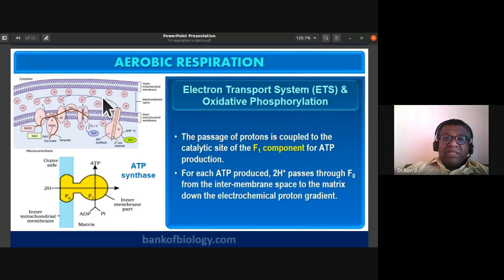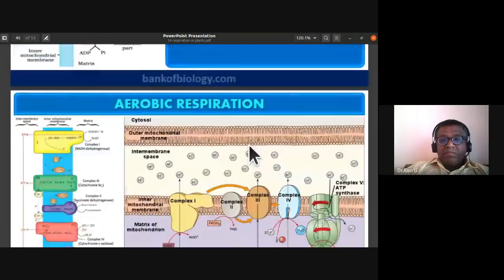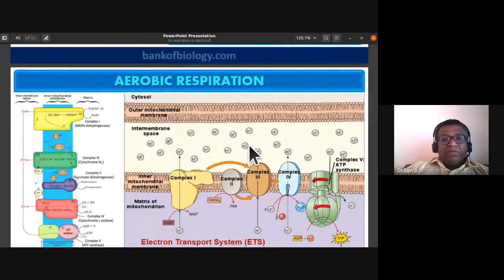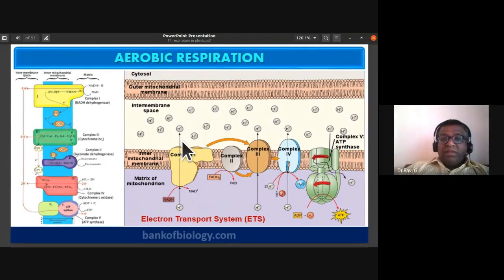You can understand this by the picture: this is the outer membrane, this is the inner membrane, and the intermembrane space is present between them. So this is what you can remember.